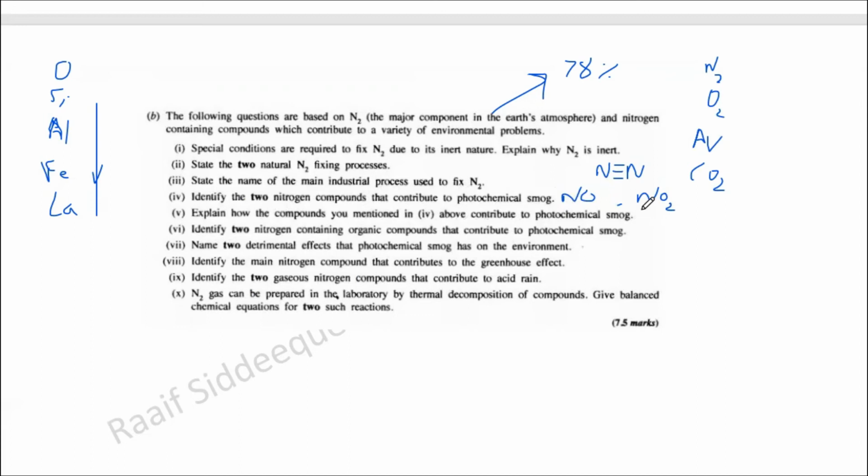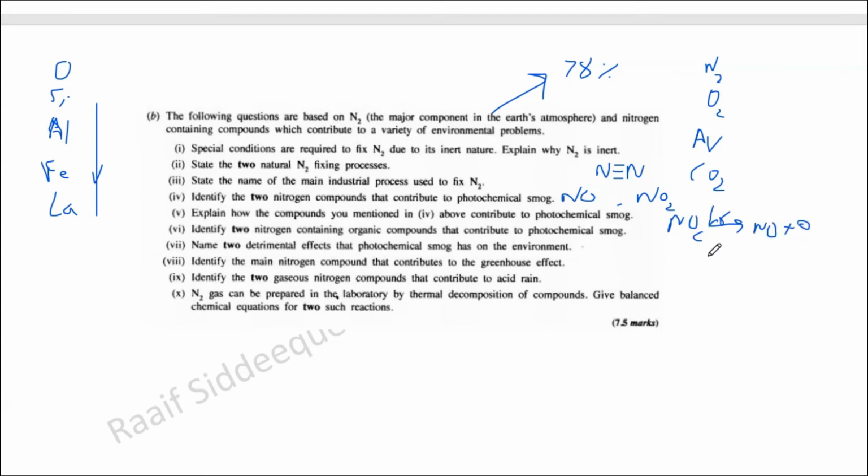So here you have to write the reactions. So you can explain that NO2 in the presence of hν, it is our UV light, will produce NO. We have already discussed this, and atomic oxygen.